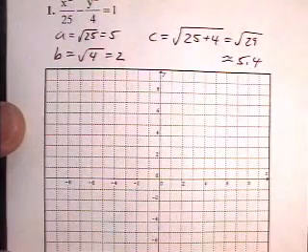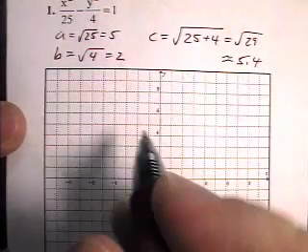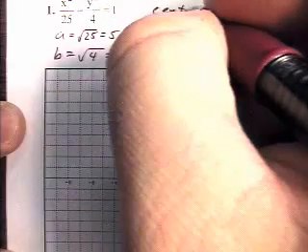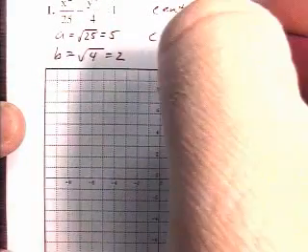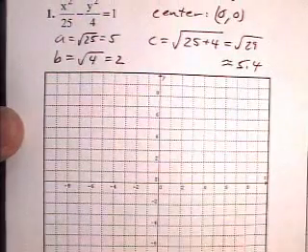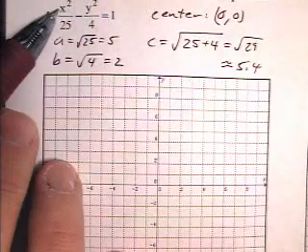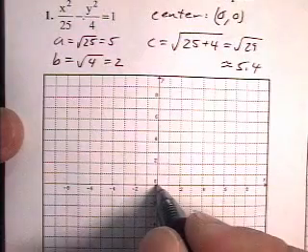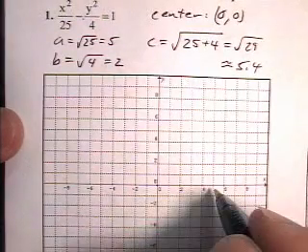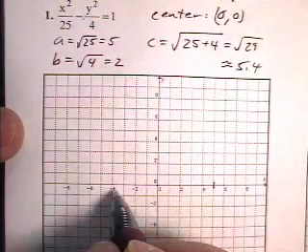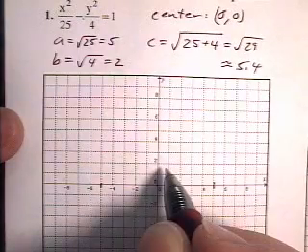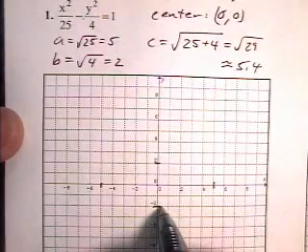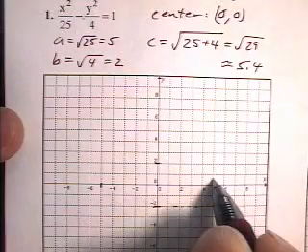Okay, so let's use our information on our graph. We've got our center. The center of this was at the origin, 0, 0. We noticed that when we looked up here at the x squared and y squared terms. We can use the 5 left and right, the 2 up and down, and we can create that imaginary box.